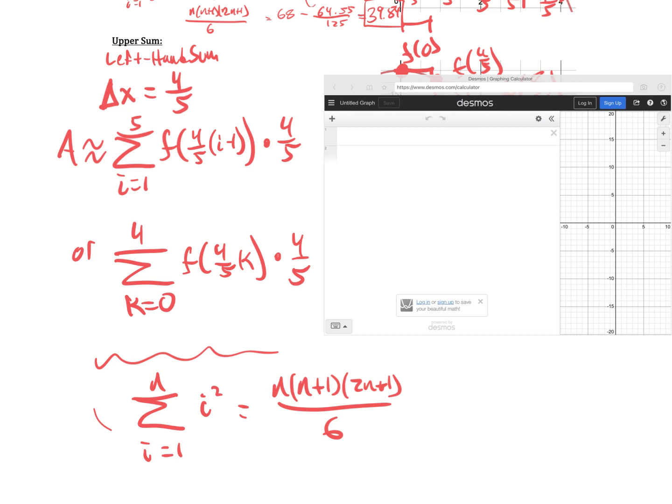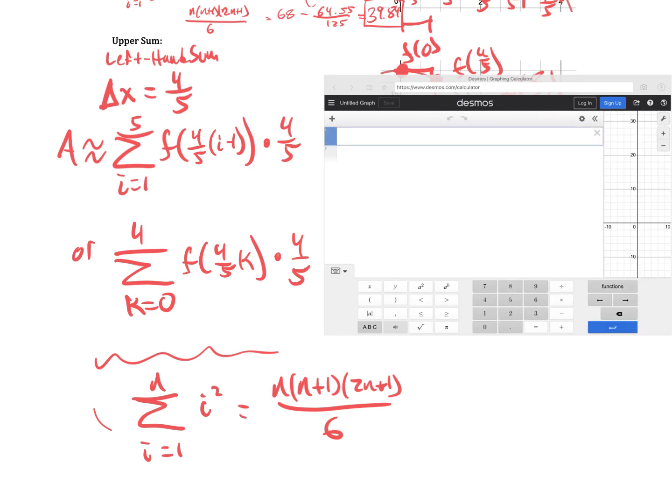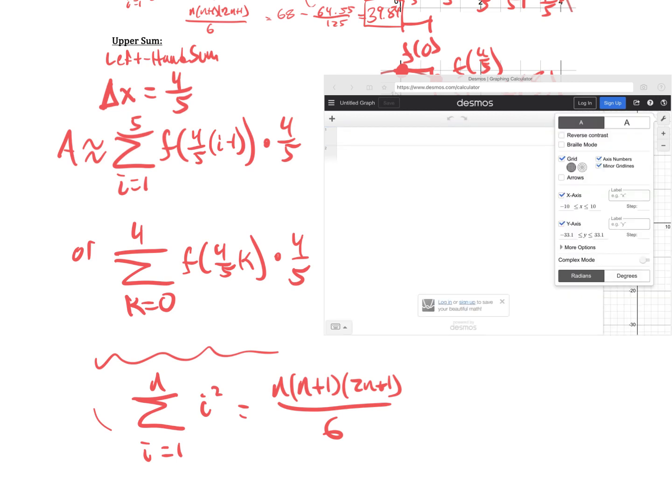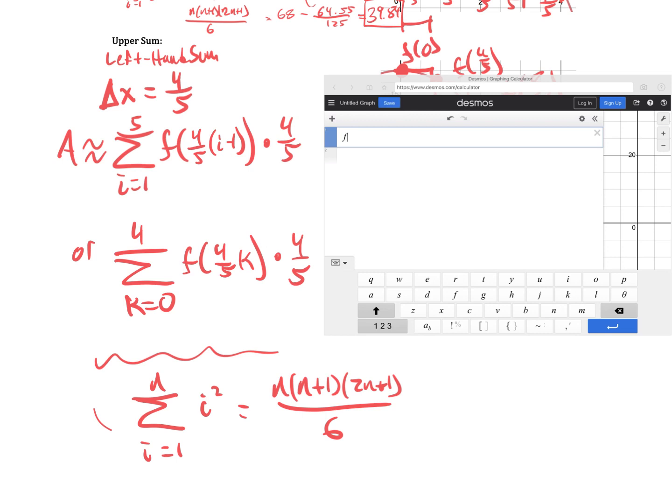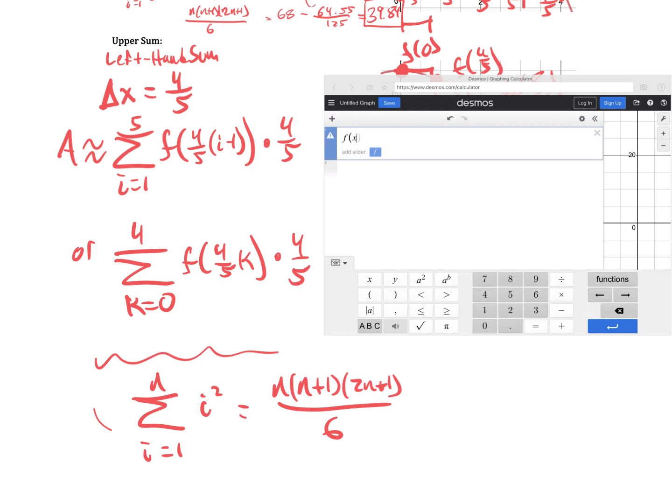So we're going to make this a little larger first of all. There we go. That should work better. So I'm going to enter my function here. f of x equals 17 minus x squared. There's my function. And now we can do our summation.